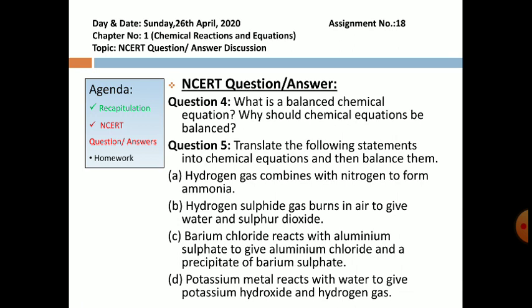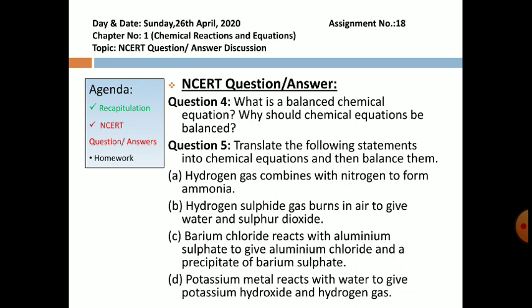Third equation: barium chloride reacts with aluminium sulfate to give aluminium chloride and a precipitate of barium sulfate. Barium chloride is BaCl2, aluminium sulfate is Al2(SO4)3, aluminium chloride is AlCl3, barium sulfate is BaSO4. The balanced chemical equation becomes 3BaCl2 plus Al2(SO4)3 gives 2AlCl3 plus 3BaSO4.